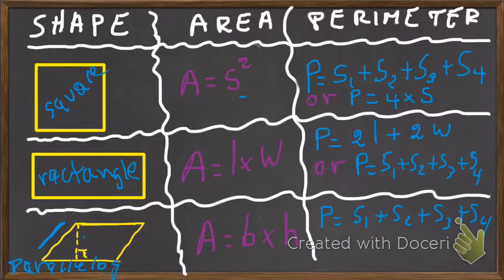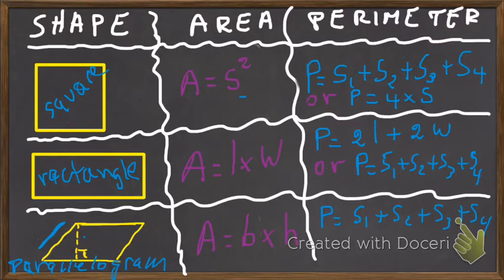So I have given you the area of the square, the rectangle, and the parallelogram, and look at the difference between these calculations. You multiply for the area and you add for the perimeter.